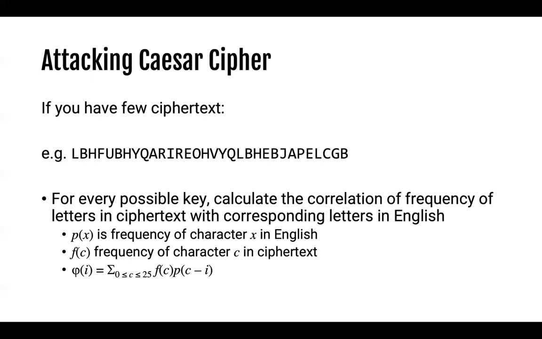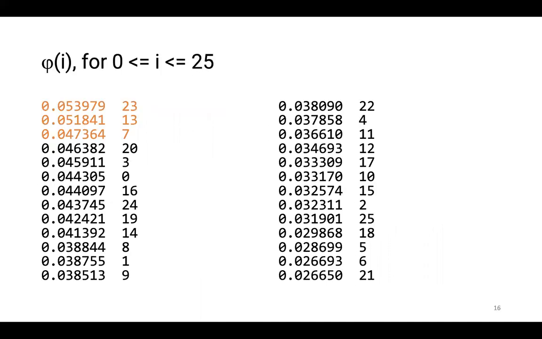And then you will get a value for a specific key I, right? So that you'll be able to get phi(i) equal to the sum over all letters of f(c) times p(c minus i). In this case, you will be able to get all the phi(i) for different keys, like I equal to 0 up to I equal to 25.